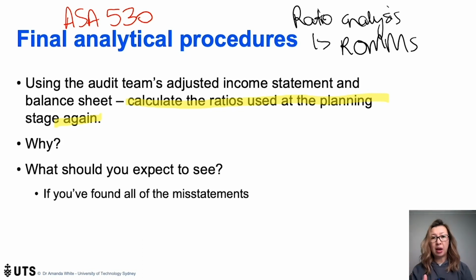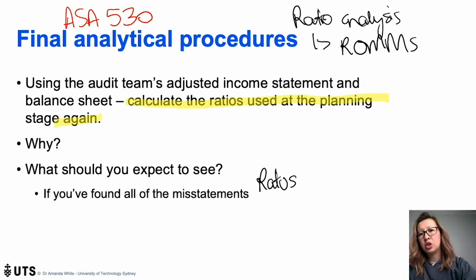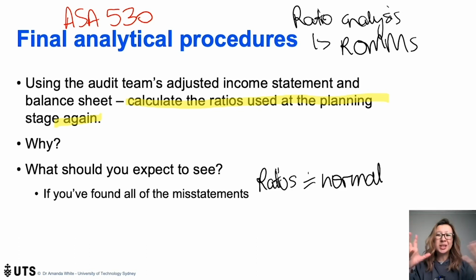If you found all of the misstatements that the funny fluctuation or the funny ratio said to you, oh, something's up here, warning, warning, red flag, then if you found all the misstatements, the fluctuation should disappear and your ratios should look normal, all right, or expected or similar to what you would see in that industry.